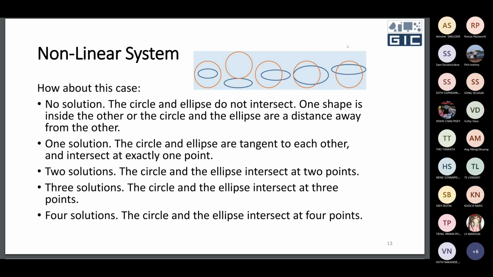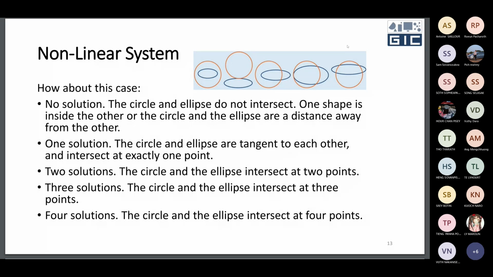But when the ellipse and circle are tangent to each other, you have 1 point as the solution. When they have 2-point intersection, you have 2 solutions. One tangent and the other 2-point intersections, so you have 3 solutions, and the last case is 4 solutions.